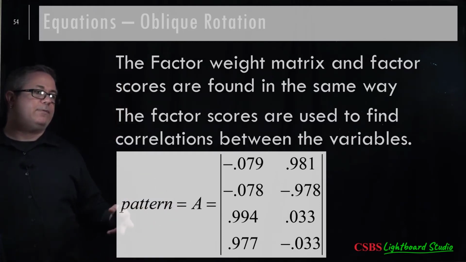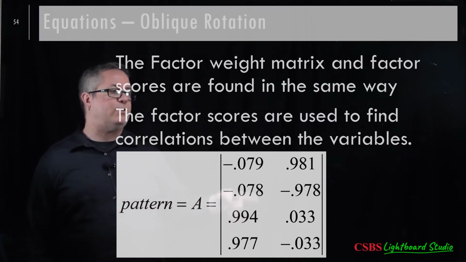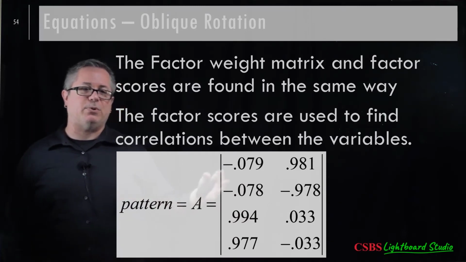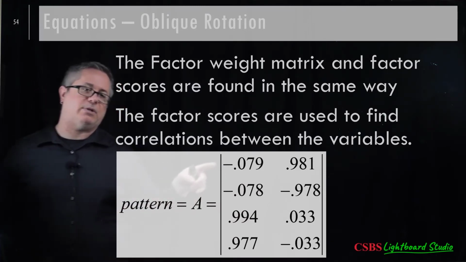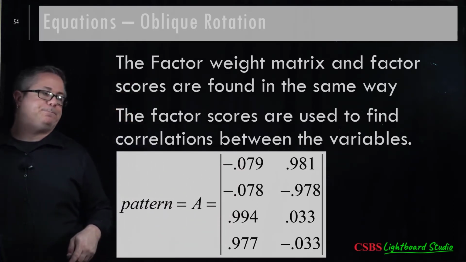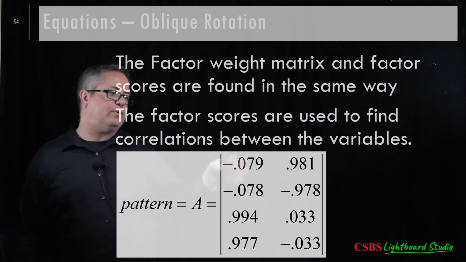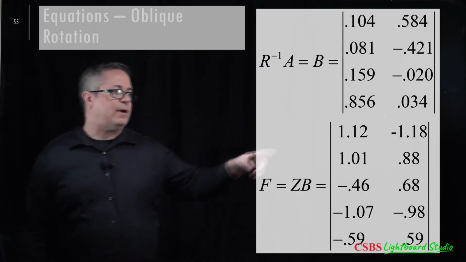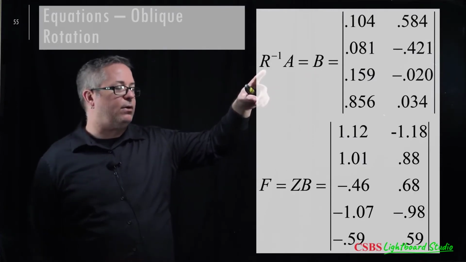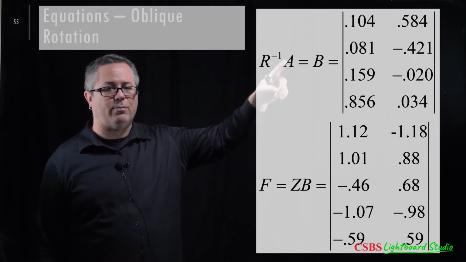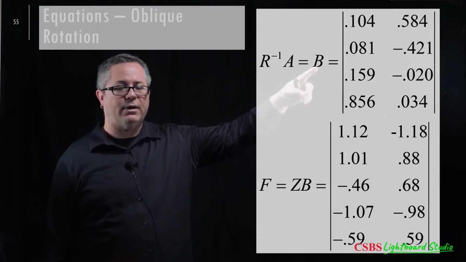But if they were correlated, then these values would start to change quite a bit, because we'd be removing the overlap between the factors when looking at the correlations, and these would be more like partial correlations. We can do the same process to find the weight matrices by taking our inverted correlation matrix times our loading or pattern matrix to get our coefficients.